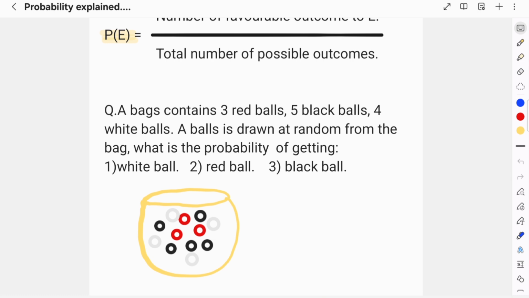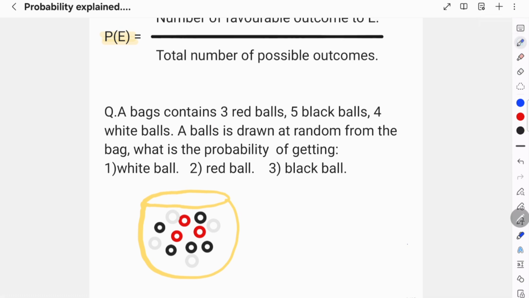First, let's find out the total balls which we have in this bag. The total balls are 3 red plus 5 black and 4 white.